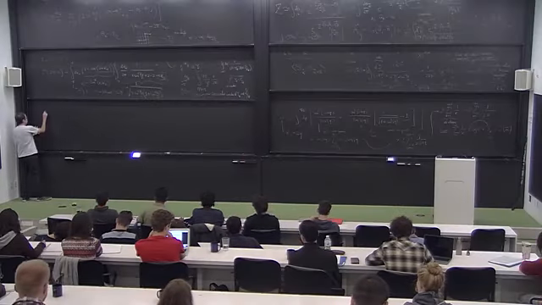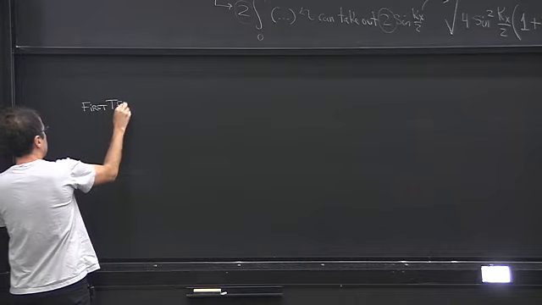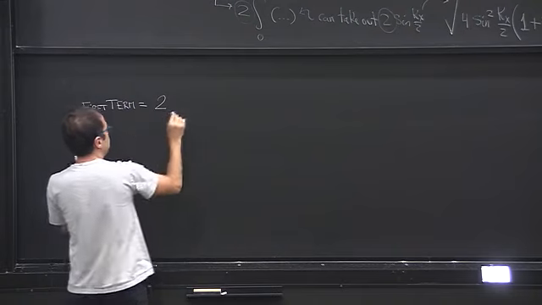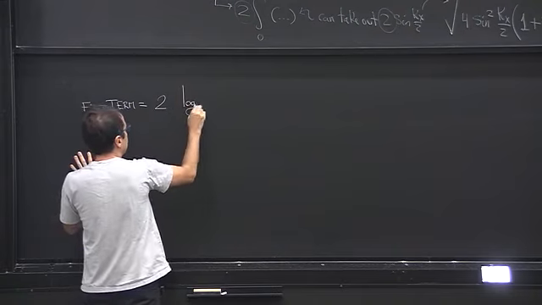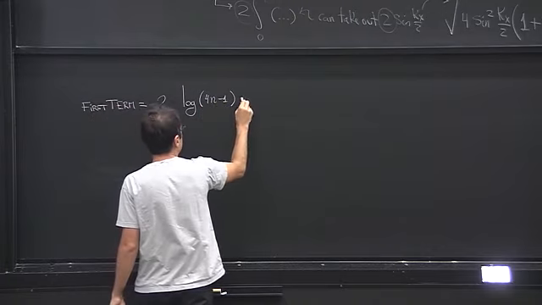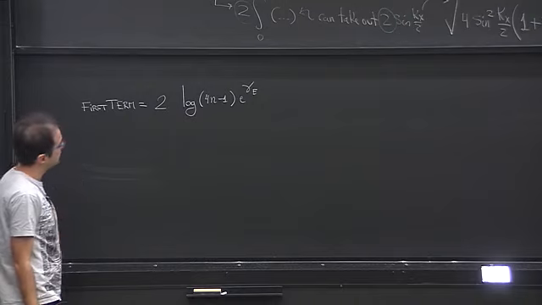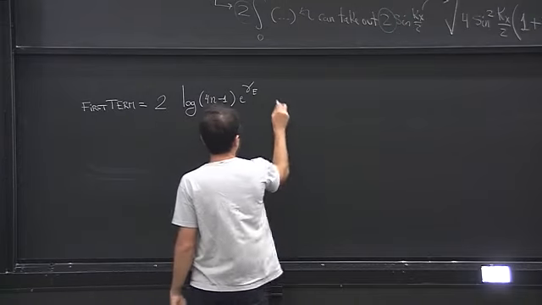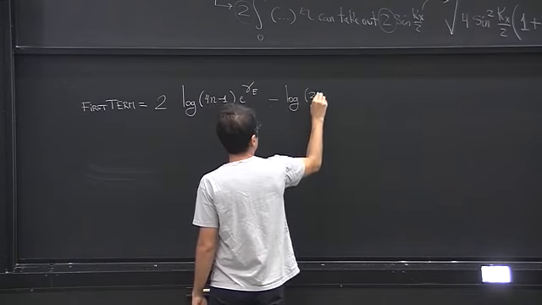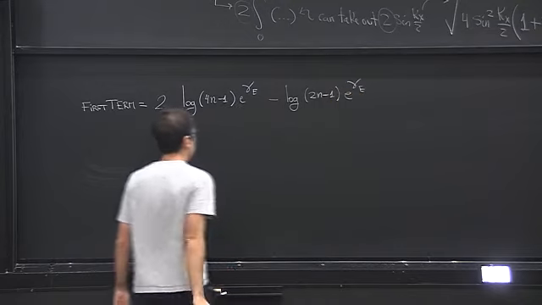And therefore, that first term that we are studying is giving twice that sum, and that sum is giving log of 4n minus 1 plus Euler constant. So let me write it like this. And then the second sum gives minus log of 2n minus 1 e to the Euler constant.